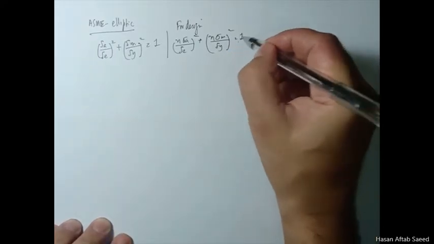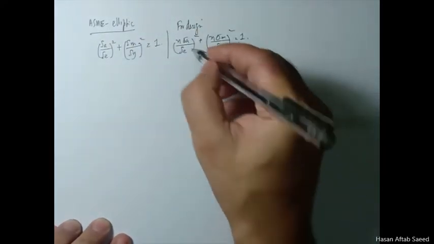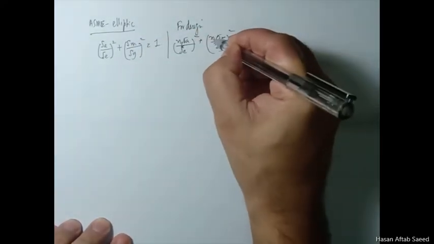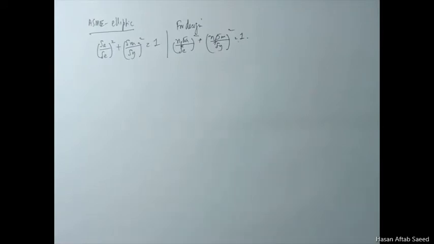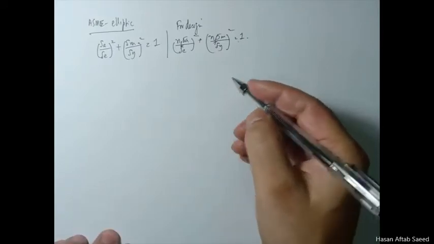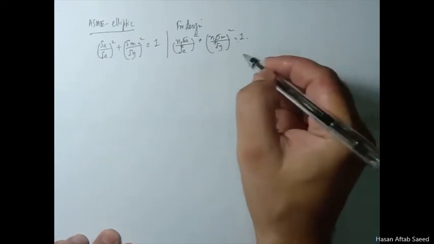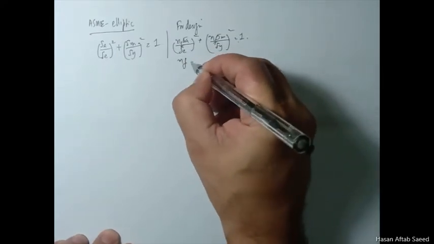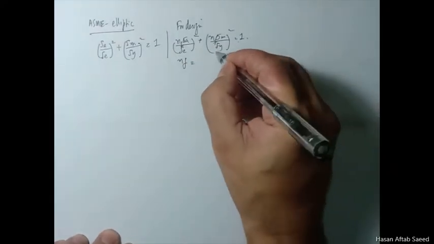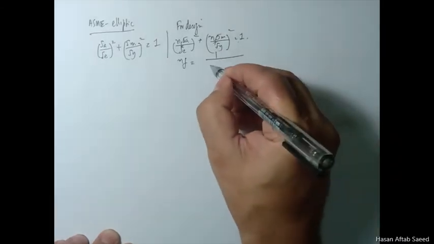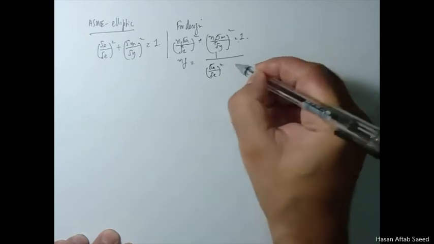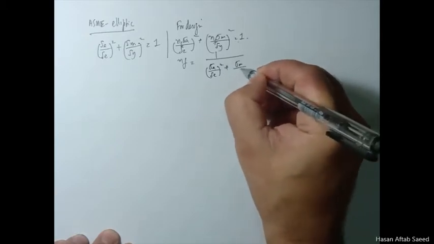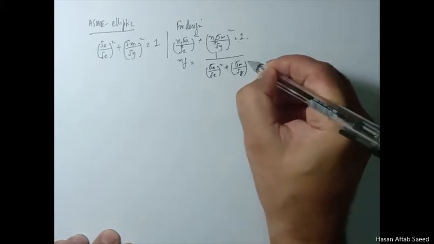And obviously, let's write NF here to differentiate this from the yield factor of safety. If you take this common, then you have NF is equal to 1 over the square root of (sigma A over SE) square plus (sigma M over SY) square.